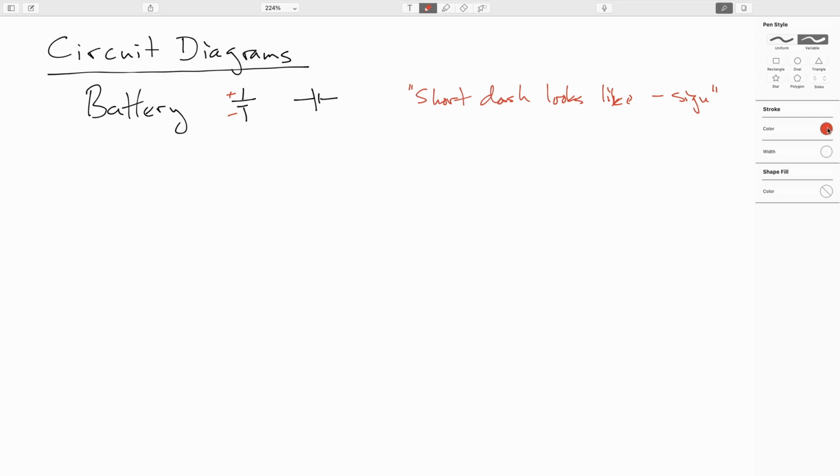Now, if you look at diagrams in other places, you'll see that there will be sometimes quite a few of these long and short dashes. In many places, you'll see them, for instance, draw it like this, and that amounts to the same thing. Now, you might be wondering, how the heck does this even look like a battery?